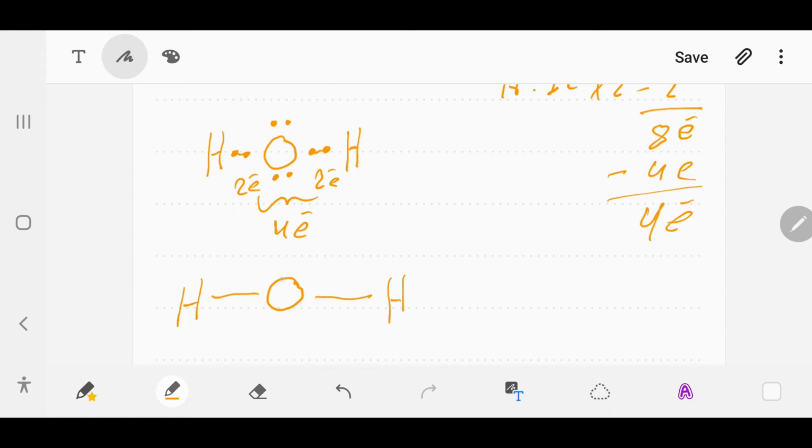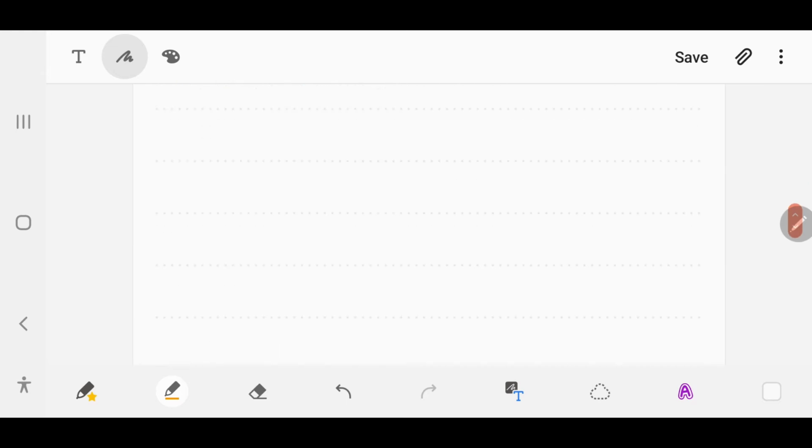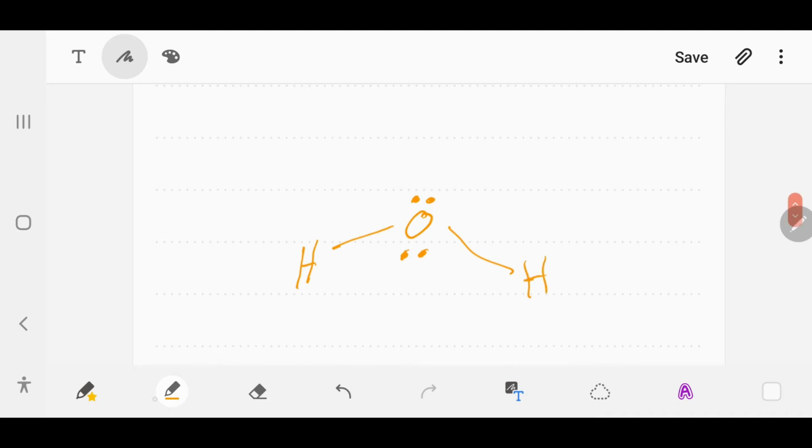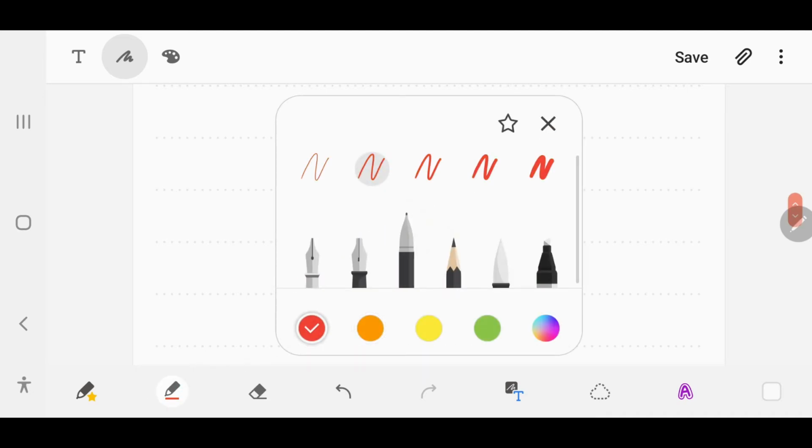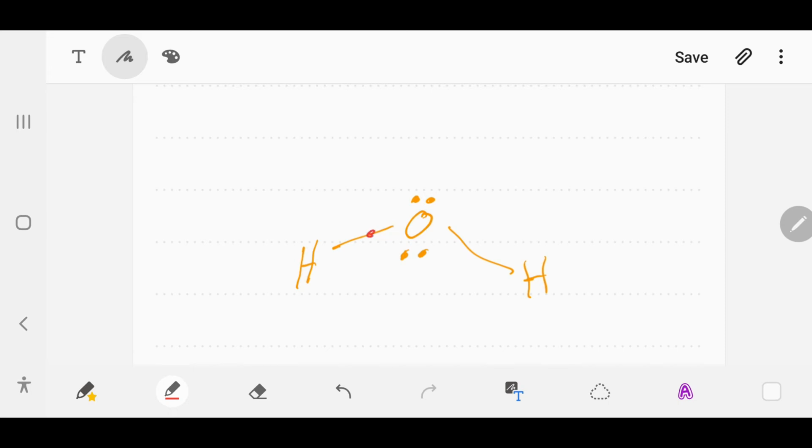Now what do we mean by unshared electrons? This is O, and H. Now here, remember that we have 2 electrons in each bond.